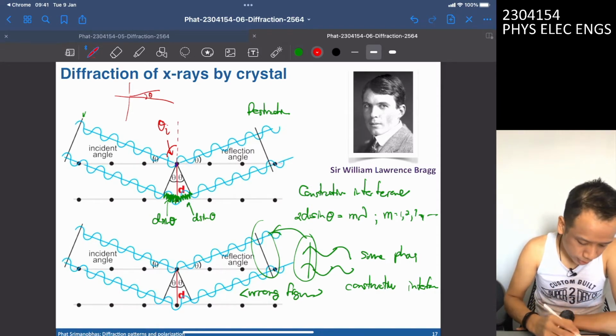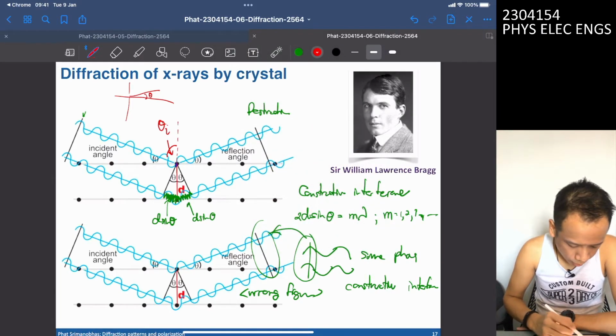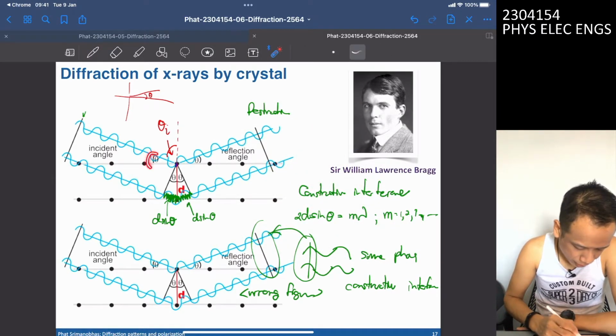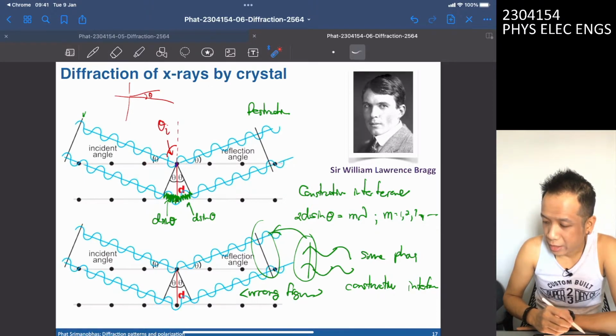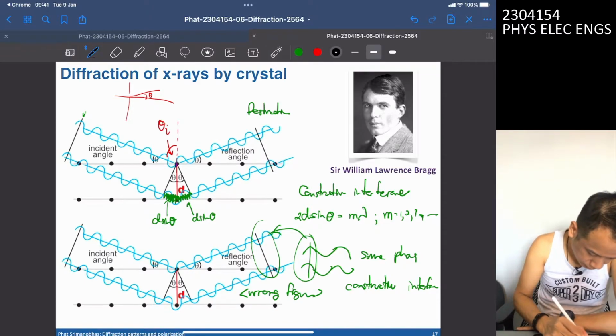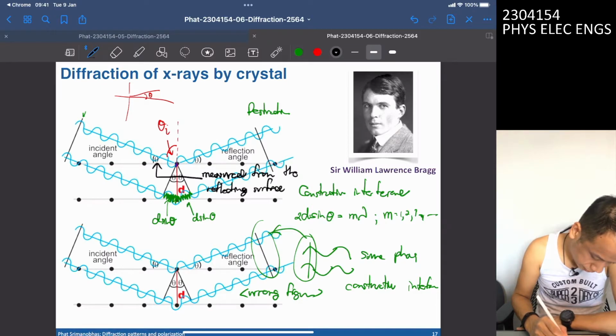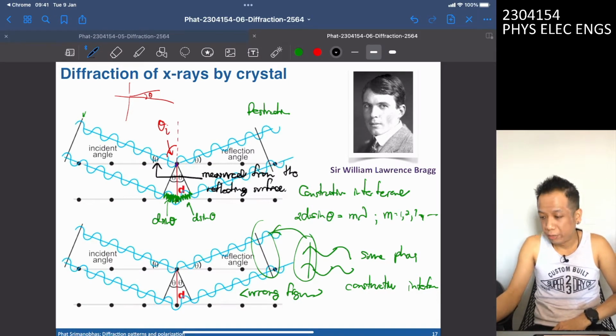But for these applications, what we call Bragg, what we define as theta is here. It's measured from the reflecting surface. So it's defined differently.